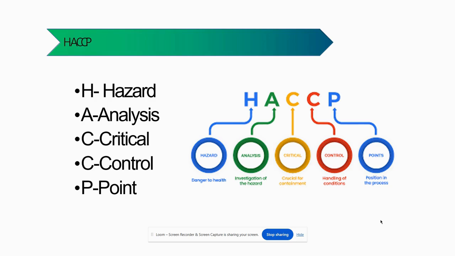Before going about the detailed discussion on principles and steps in HACCP implementation, we need to have a small brief on what is HACCP, and why we need to implement HACCP in food processing premises.